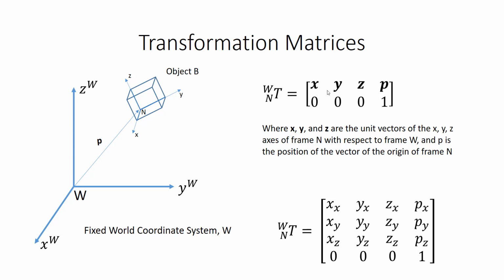And here I've got X, Y, Z, and P. These are all bolded, which means they are all vectors. So they're not just single values, they are 3 by 1 vectors.